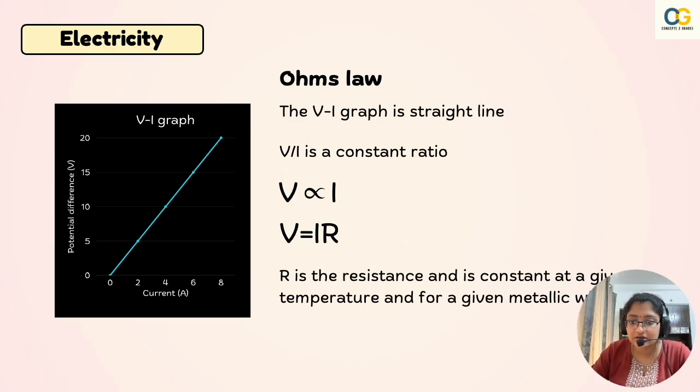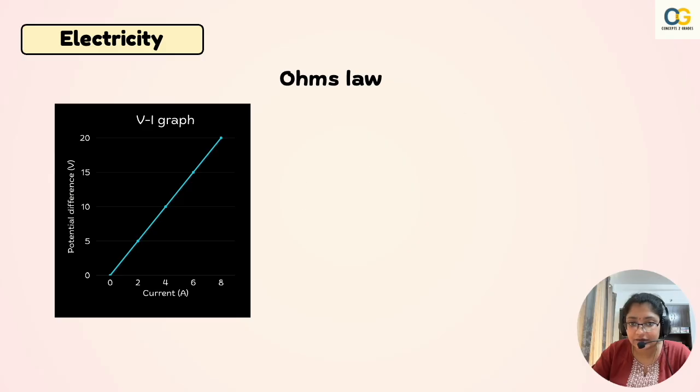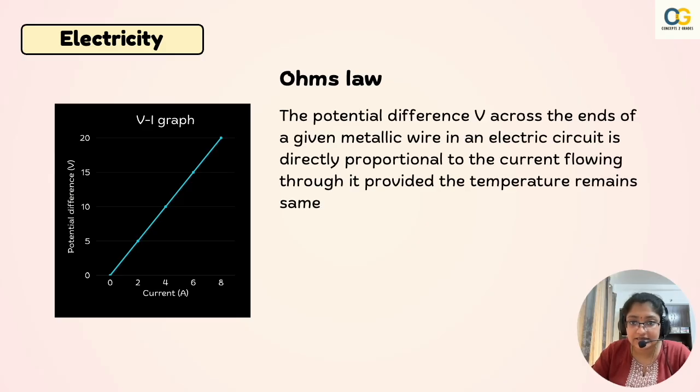So resistance is a constant at a given temperature for a given metallic wire. So Ohm's law states that the potential difference across the ends of a metallic wire in an electric circuit is directly proportional to the current flowing through it, provided the temperature remains same.